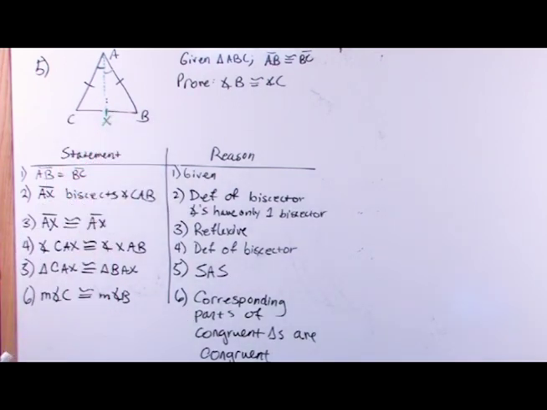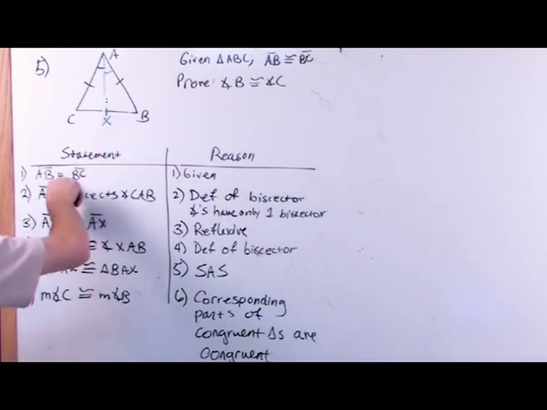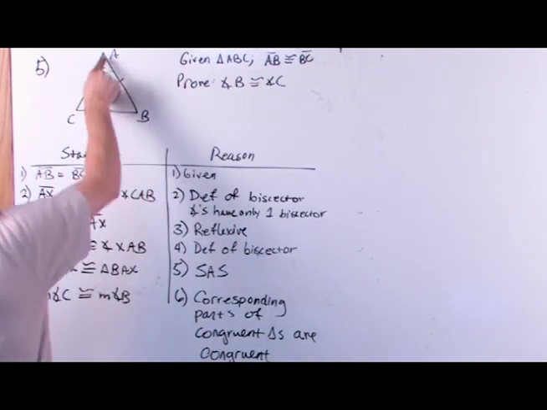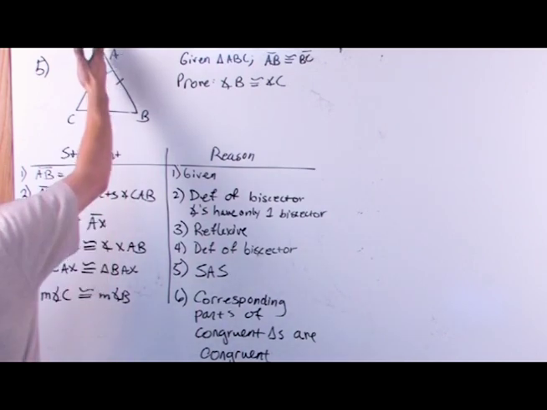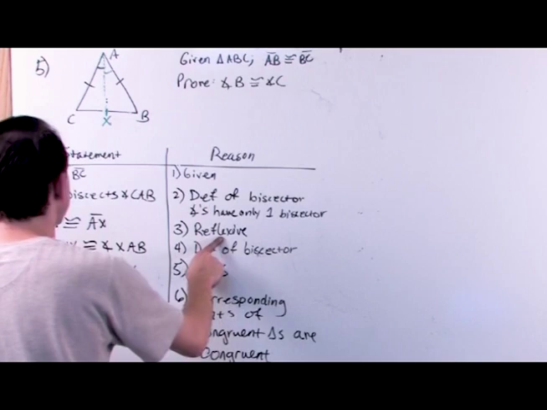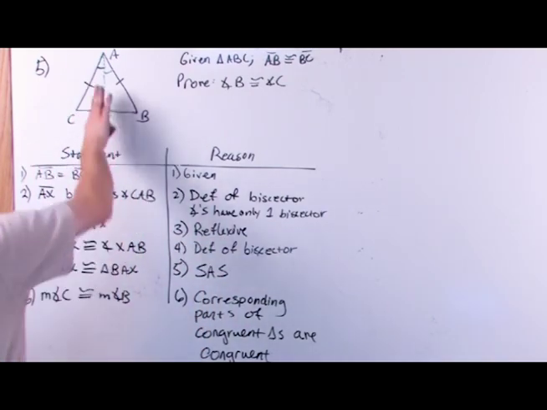So just starting from the top, given this picture, AB was equal to BC, okay, that was given. I drew a bisector and split this angle in two because I have only one bisector there. And because of that, this side was congruent to itself because of the reflexive property, and I only needed that because later I was going to use this side in the proof in two different triangles.